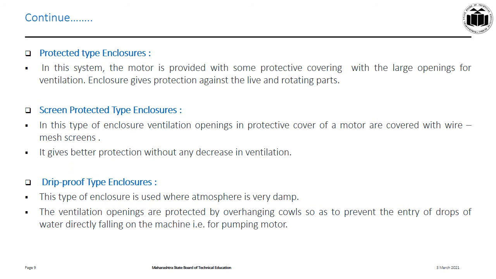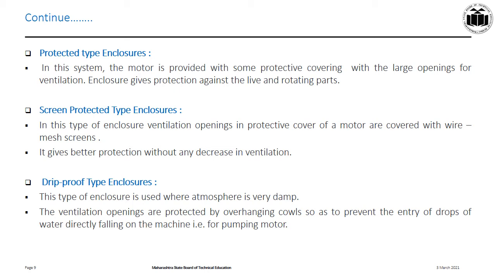Now the protected type enclosure. In this system, motor is provided with some protective covering because there are chances of contamination in the atmosphere. So protective covering with large openings for ventilation is provided. Enclosure gives protection against the live and rotating parts.